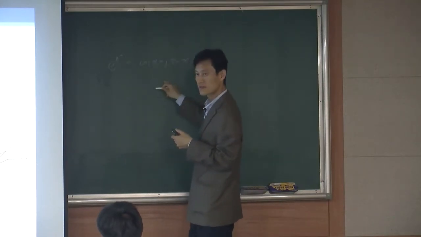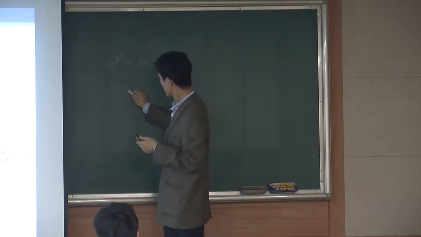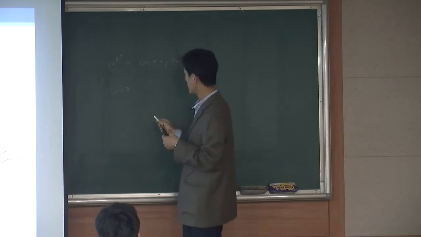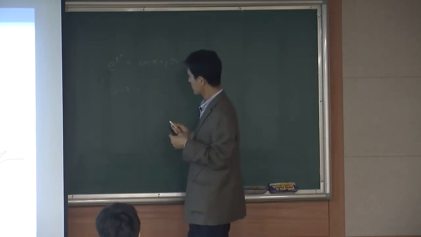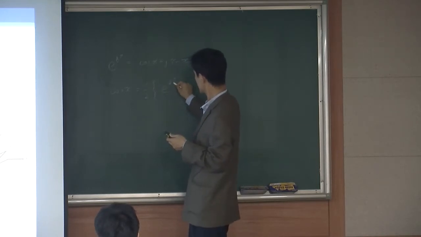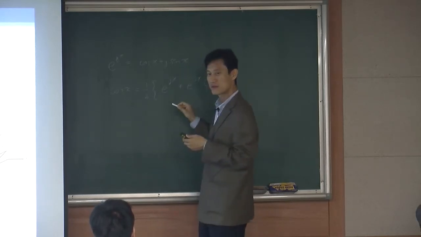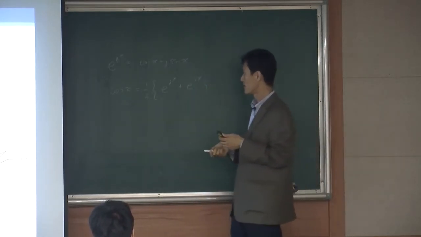Is that correct? Yeah. Then in the same way, using the same Euler identity, you can write cosine as half of e to the jx plus e to the minus jx, right? That's a cosine.